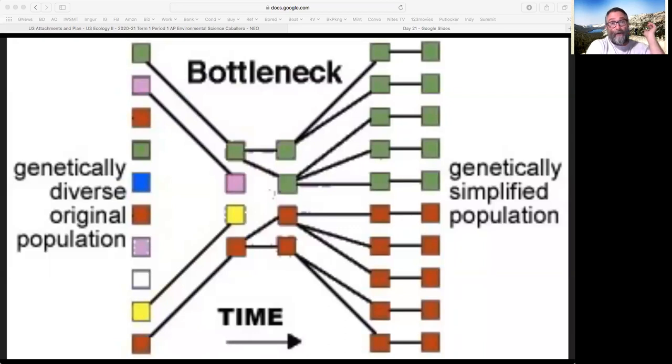A genetic bottleneck is a catastrophic event that lowers population. So there's only a few individuals left. And whichever those individuals are, they can't possibly have the total genetic diversity of the original population. So their offspring will have far less genetic diversity than the original population.